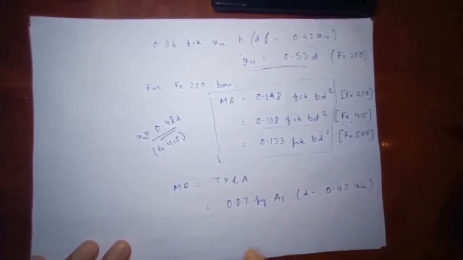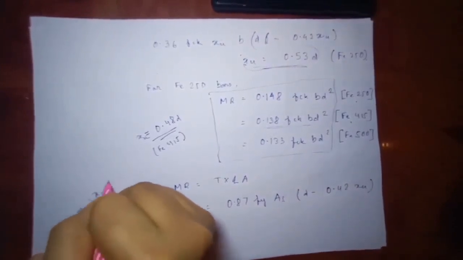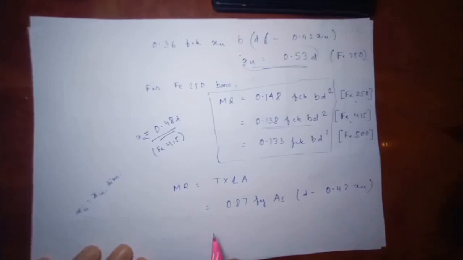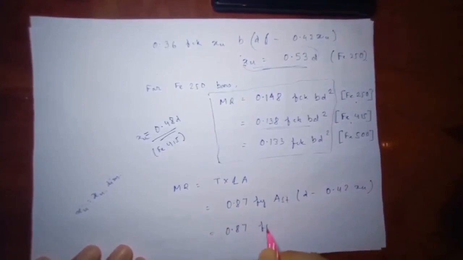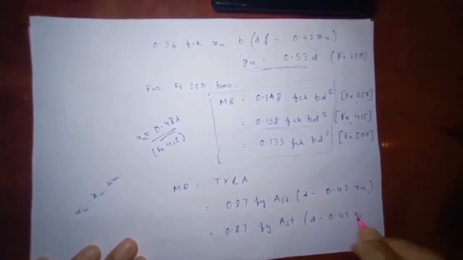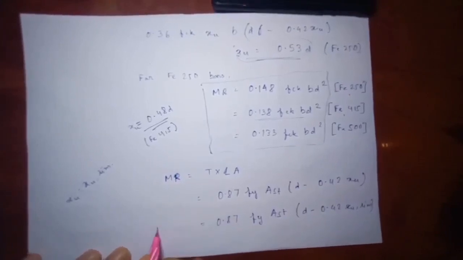At balance section XU is equal to XU limit, so I can replace this XU by XU limit, and I can write it as 0.87 Fy AST D minus 0.42 XU limit, and this will no longer remain just our simple MR, it will also be our MU limiting.